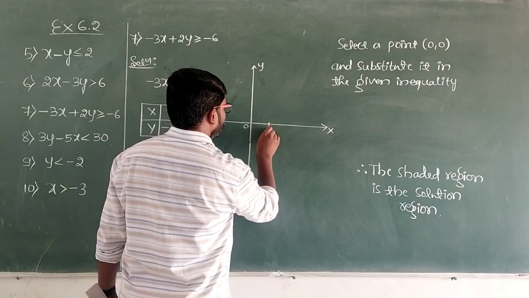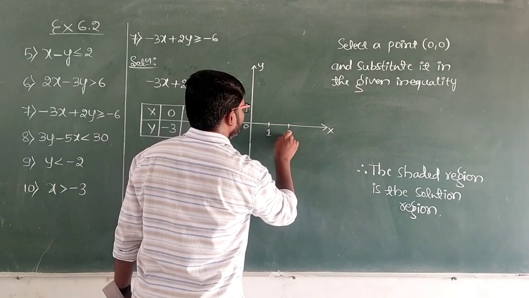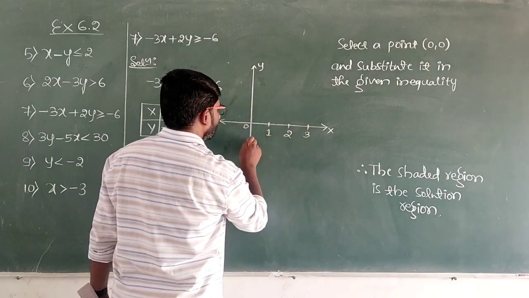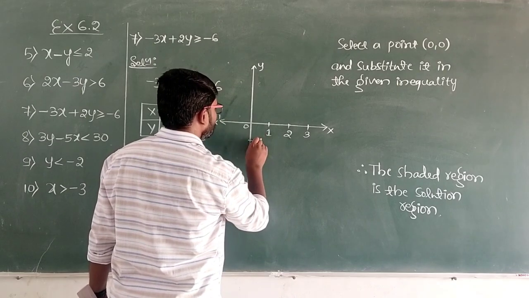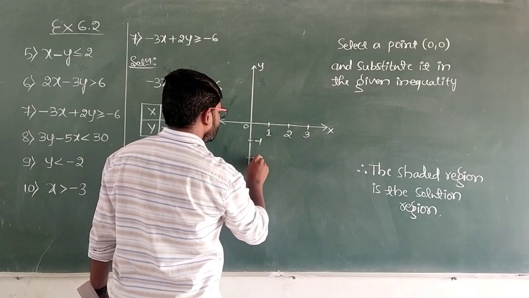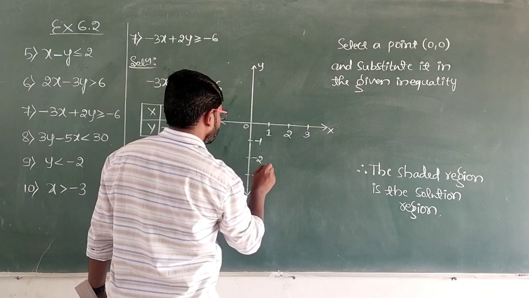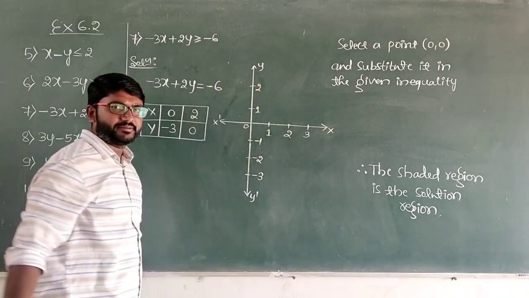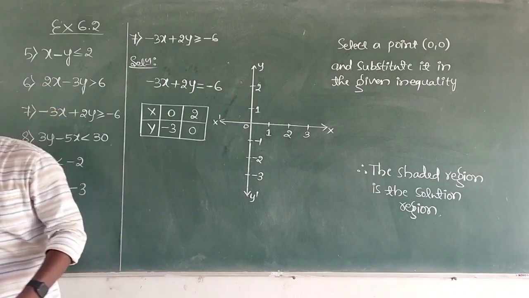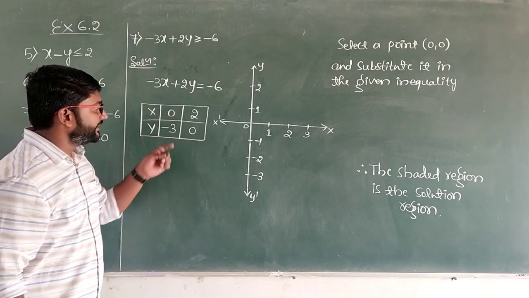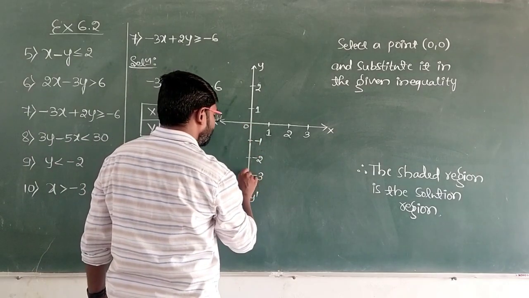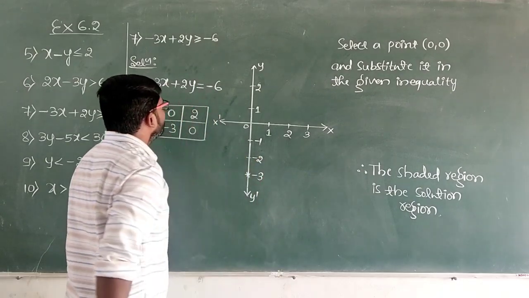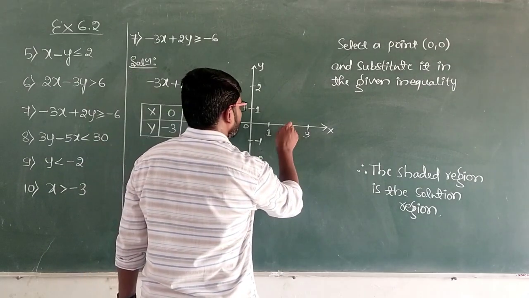We'll take a few values here: 1, 2, 3, and here it is minus 1, minus 2, minus 3, and here 1, 2. So these are enough. Take the first point now, it is 0 comma minus 3. When x is 0, y is minus 3, it is this point. Then 2 comma 0, it is this point.